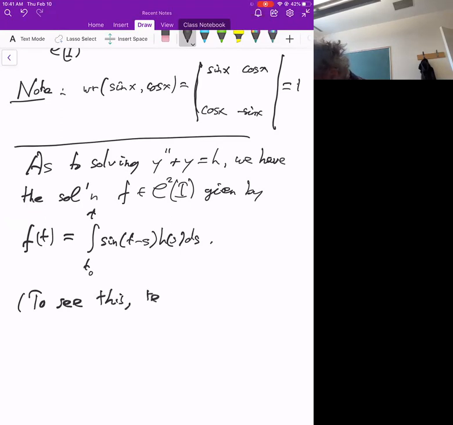Recall, it is better to write sine of t minus s as an expression as the following. Recall that the sine of alpha plus or minus beta equals sine alpha cosine beta plus or minus cosine alpha sine beta.